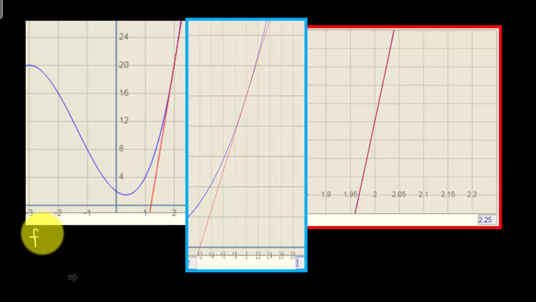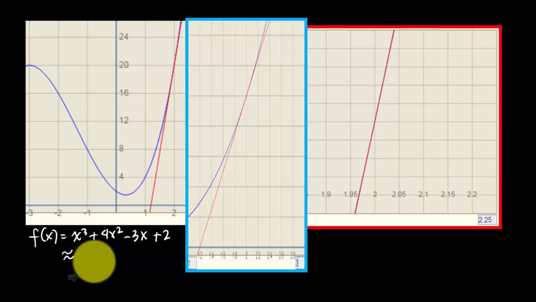Okay, our f of x is x cubed plus 4x squared minus 3x plus 2. Okay, this is now approximated by the function 20 plus 25 times x minus 2.